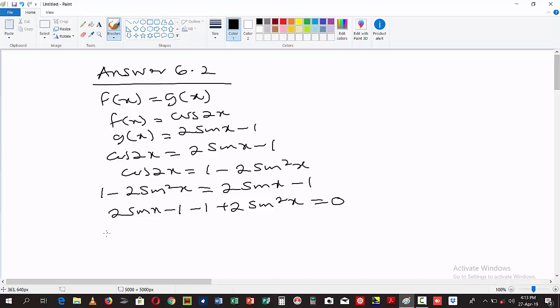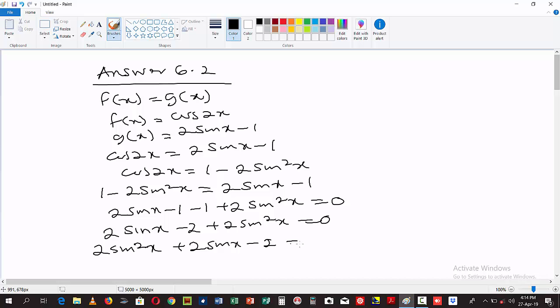This is going to give us 2 sine x minus 2 plus 2 sine square x equal to 0. Now let us rearrange it in such a way that it is going to give us a quadratic equation. We have 2 sine square x plus 2 sine x minus 2 equal to 0.